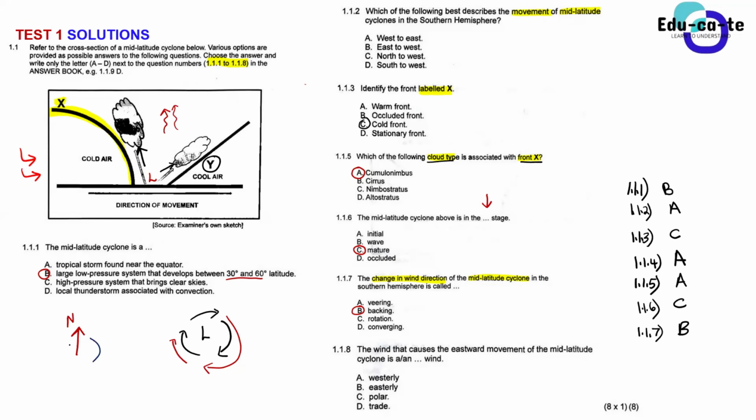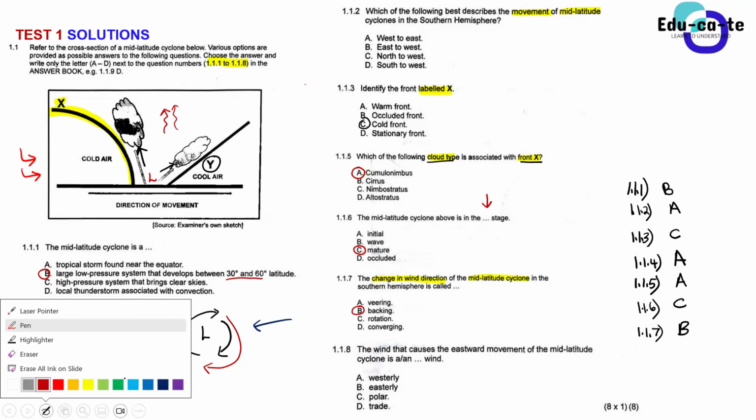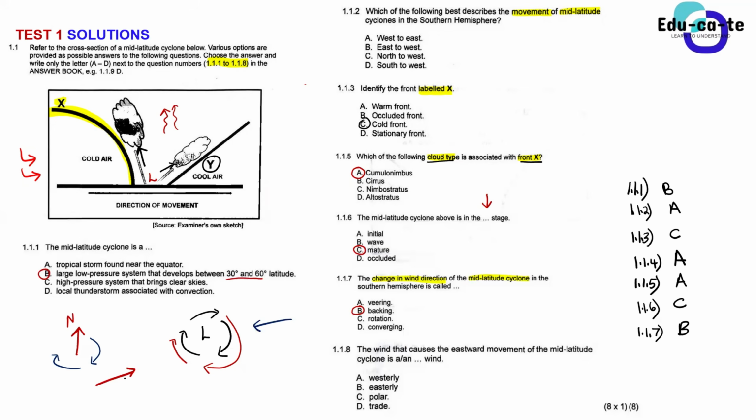So they will never give you diagrams that explain this, but you guys should just know that a mid-latitude cyclone actually changes its wind direction. Why does it change? It is changing because the low pressure system is circulating in a clockwise direction. So if the wind is facing that way, it will change its direction because of the clockwise circulation of the low pressure system.